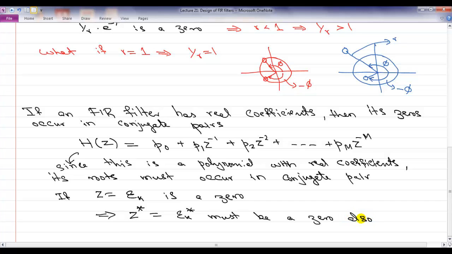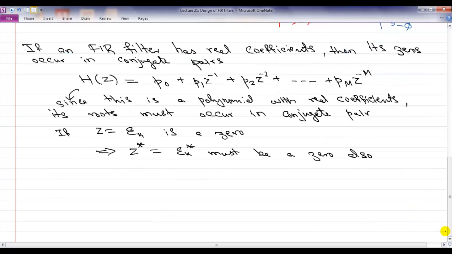So now you can combine the two conditions: you have an FIR filter which you want to have real coefficients and an FIR filter which you want to have linear phase. And if you combine, you get a picture of your zeros which starts looking like the zeros that we saw in the last lecture. Now before that, I just want to pose a trivia question because this will come up.